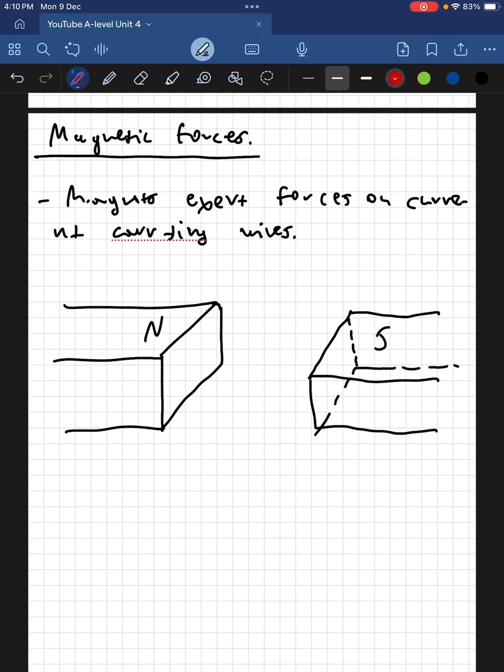So between these two magnets, I set up a uniform magnetic field B. So this is my B.